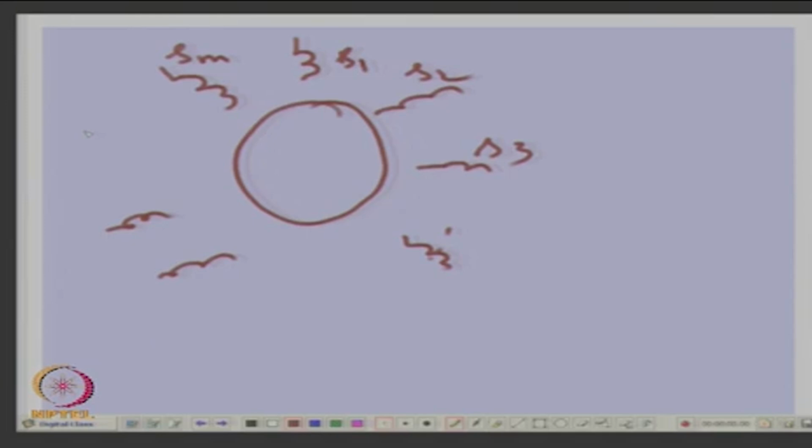You can have any number of windings in the stator, any number of turns in each, and any type of disposition. If S1 is the reference, this angle will be theta S2, theta S3, whatever it is, of course in the proper direction. Similarly, you can always have R1, R2, up to Rn.